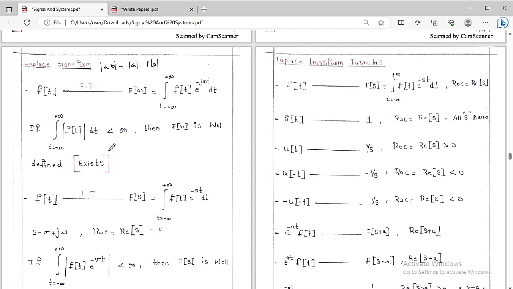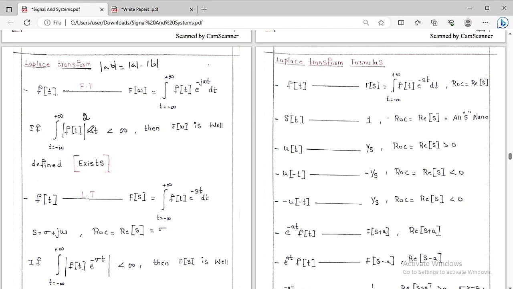What is the meaning of this? If this gives you a finite value, then this part is also going to give you the absolute value, so this value is also going to give you a finite value. If the modulus value gives you a finite value, then the square of this modulus also gives you a finite value. Therefore, this is nothing but energy, finite energy. So in simple words, I can say only one thing.